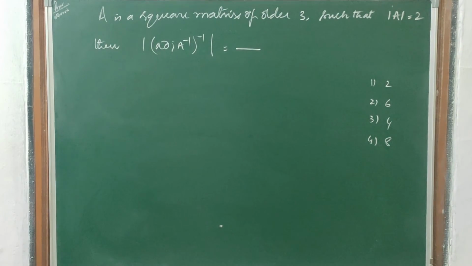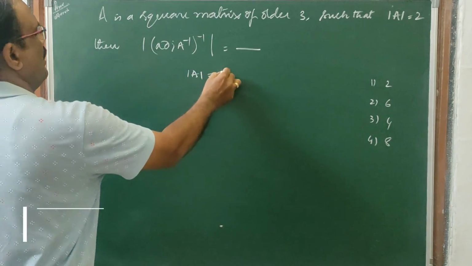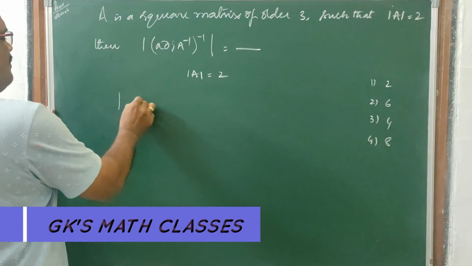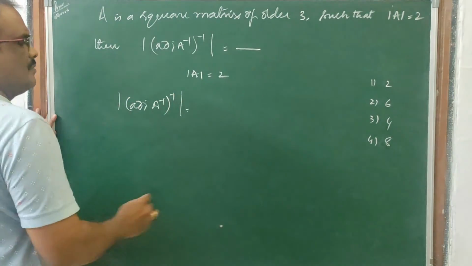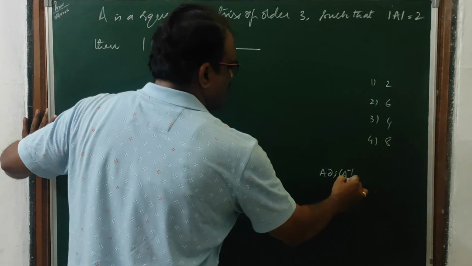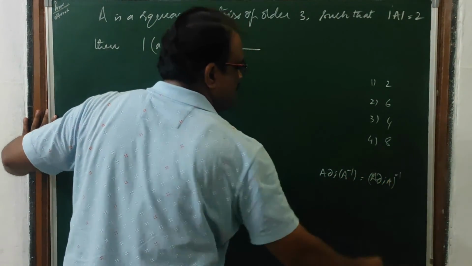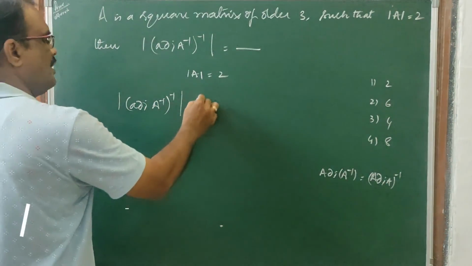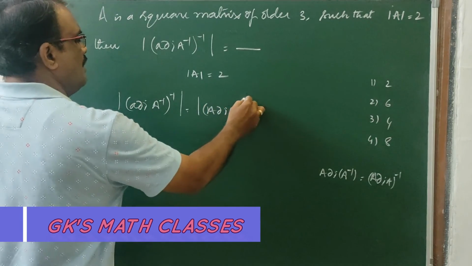A is a square matrix of order 3 such that det A is equal to 2. Find the determinant of adjoint A inverse whole inverse. Actually, adjoint A inverse is adjoint A whole inverse, that is the formula. So here you write adjoint A whole inverse.